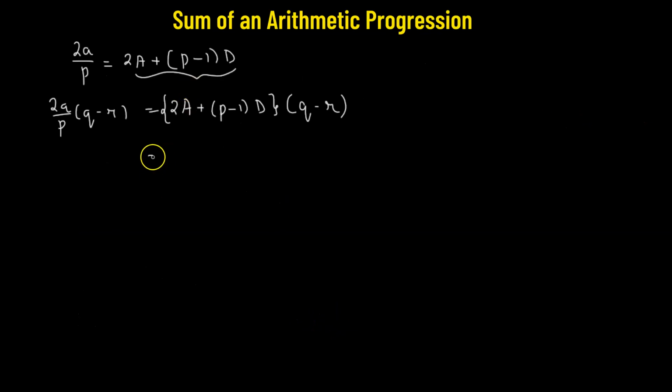So let's multiply them. We're going to get 2A plus pD minus D multiplied by q minus r.